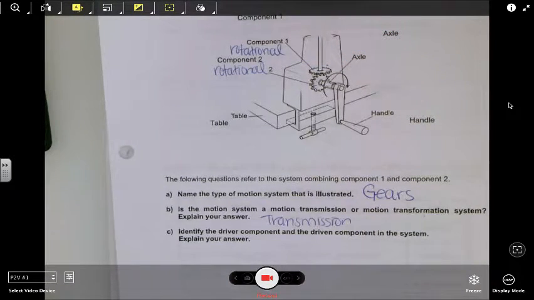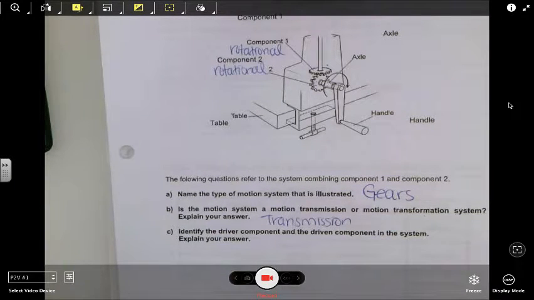Last part, identify the driver component and the driven component in the system. We always said the driver is the part that you're actually moving. When we talked about a bike, we said you're putting your foot on the pedal, so the pedal would be the driver component, and then your tires are spinning, so that would be the driven component.